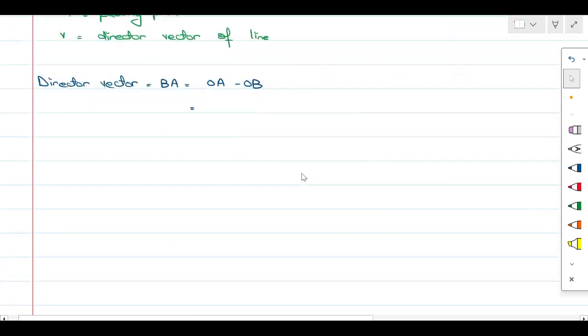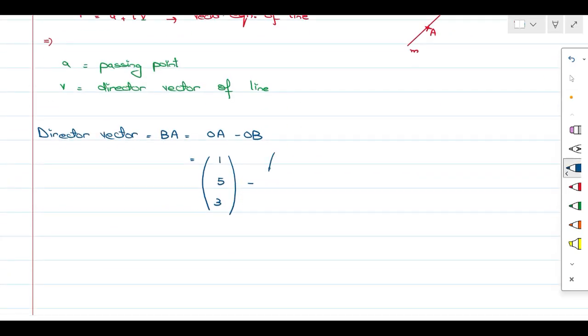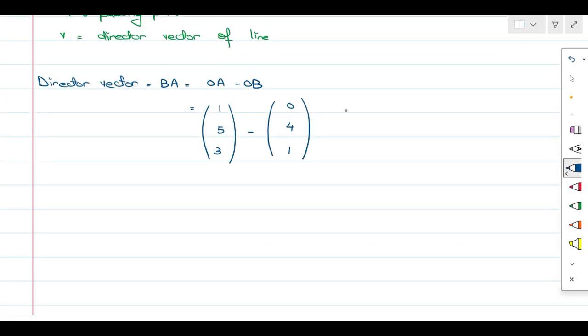OA is (1, 5, 3) minus OB is (0, 4, 1). Okay, so this is equal to 1 minus 0, 5 minus 4, and 3 minus 1. So this becomes 1 minus 0 is 1, from 5 take away 4 is 1, from 3 take away 1 is 2. (1, 1, 2). This is the direction vector.